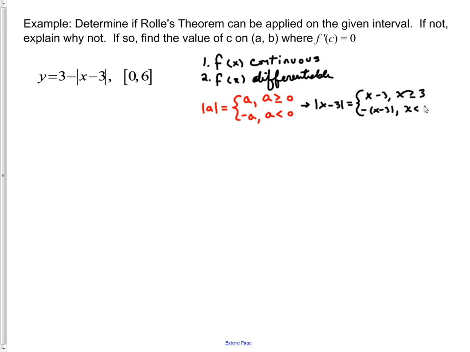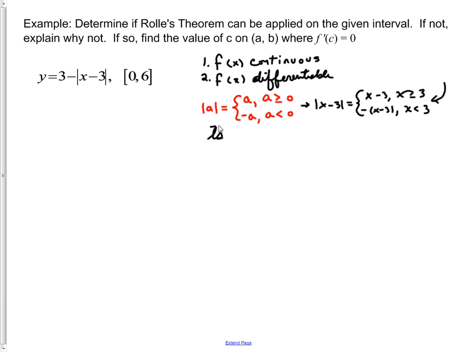And the reason why that's important to us here is that this absolute value piece of the function gives us a piecewise function, and we know that sometimes if we have a piecewise function where the behavior changes at a point, it is possible that its derivative will not exist at that point. So we have to look to see if that's the case here. I'm going to rewrite this function. We know that the function's behavior changes at x equals 3, so what we really want to determine is whether or not the function is differentiable at x equals 3.